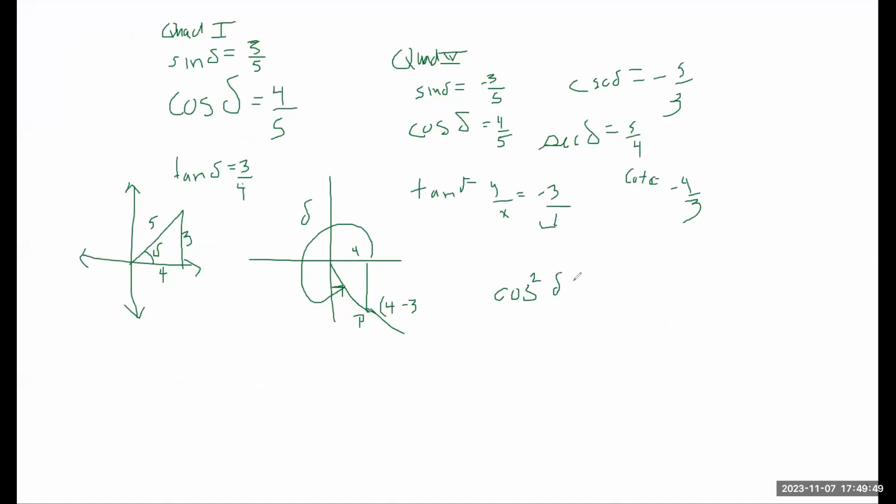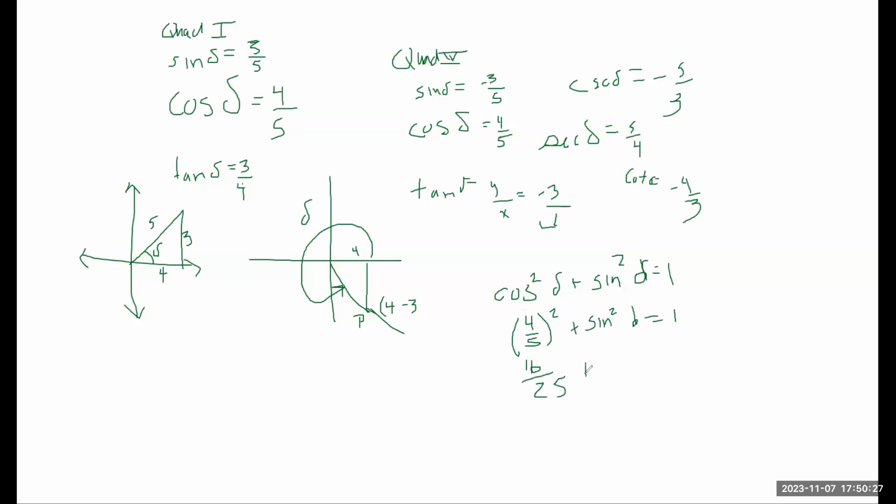It's the most important identity in trigonometry. You know it's 1. Cosine squared delta plus sine squared delta is 1. The cosine given to you is 4/5, which gets squared. Four over 5 squared is 16/25.